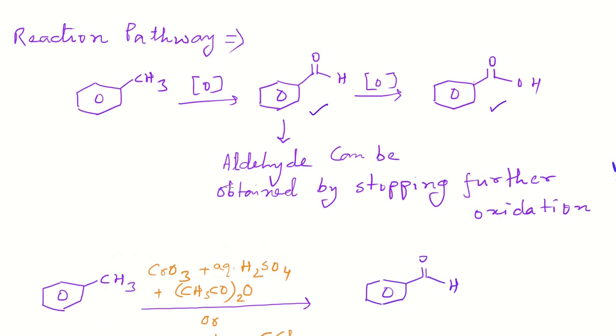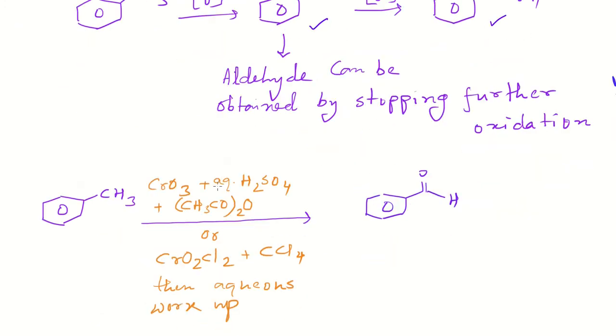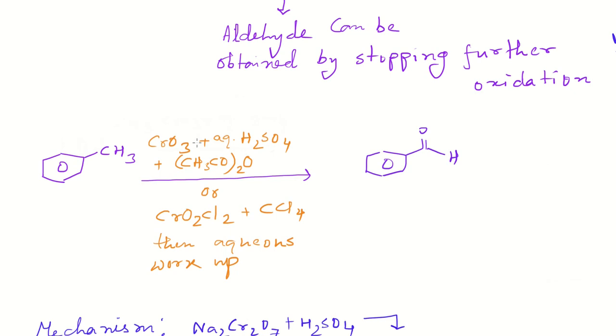Okay, so what are the reagents used for the conversion into aldehyde? Those are basically strong oxidizing reagents in the presence of acetic anhydride. In this case, chromium trioxide in aqueous sulfuric acid in the presence of acetic anhydride.